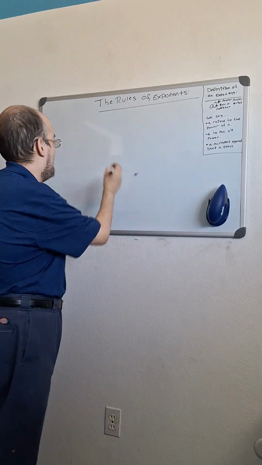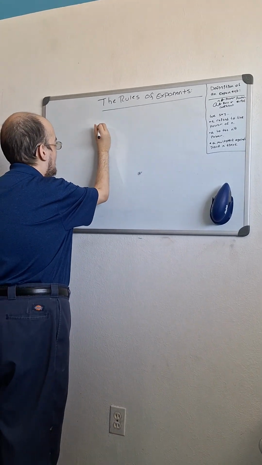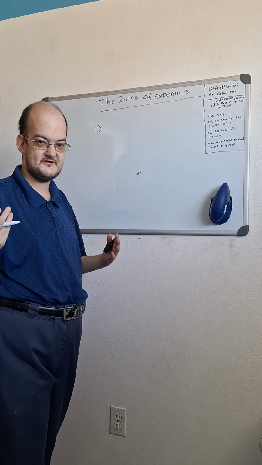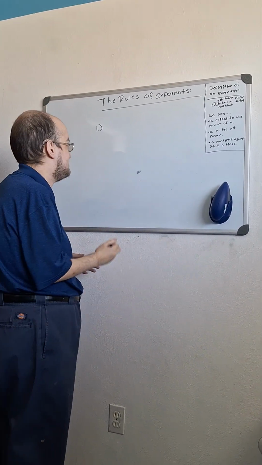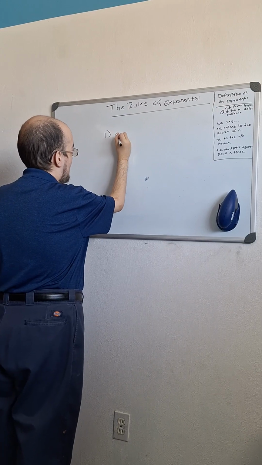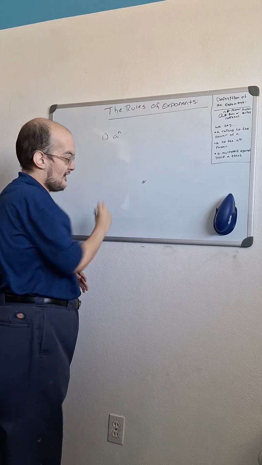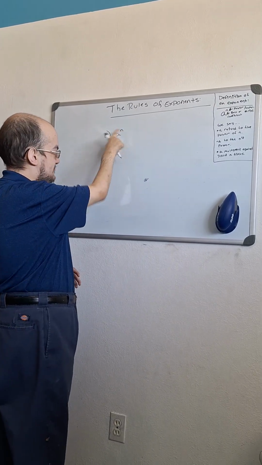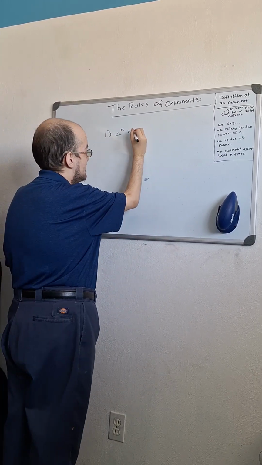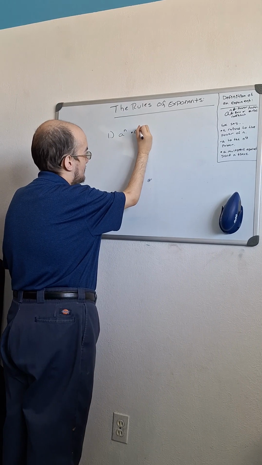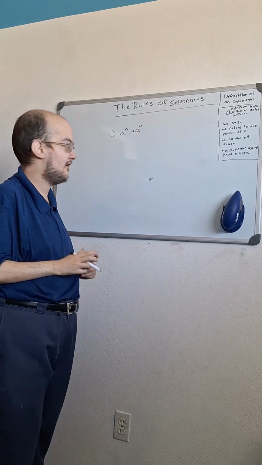So for example, our first rule, and I'm going to write it out like you will see in a mathematical textbook, and then I will tell you what each one means. We're going to have a raised to the power of n, so a base raised to a power, multiplied times a raised to the power of m.